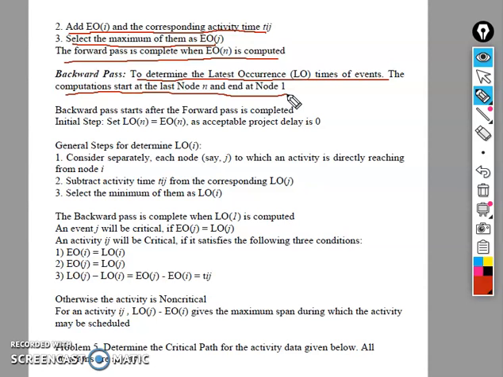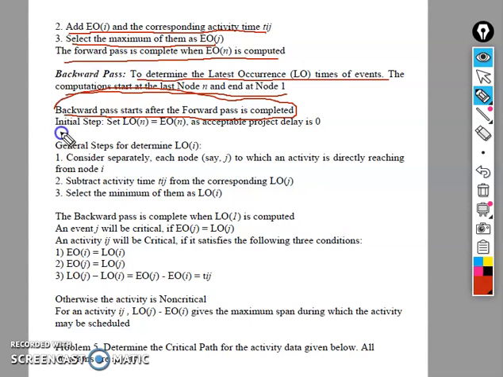When we calculate the backward pass, you have to start with your end node. In a network diagram, the starting node is called the source and the end node is called the sink, start or end, and there are too many names in network analysis. The backward pass starts after the forward pass is completed. If you cannot complete your forward pass, then you should not start your backward pass.